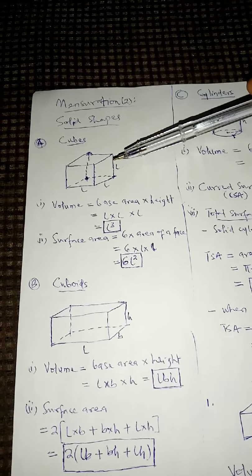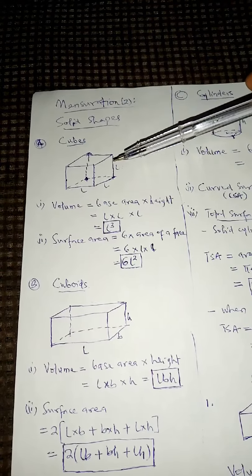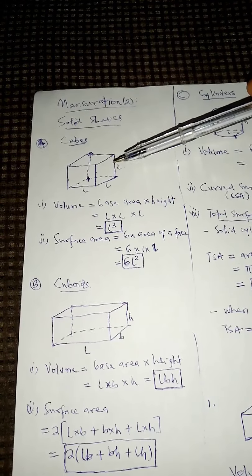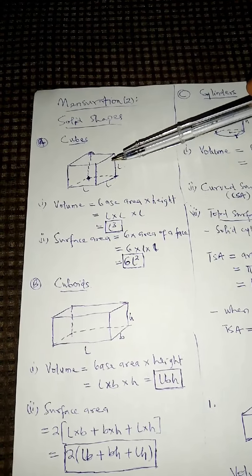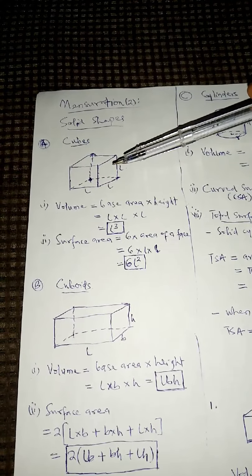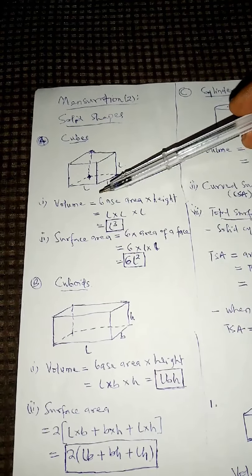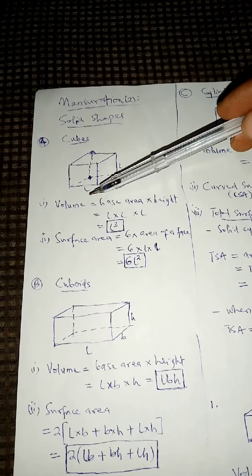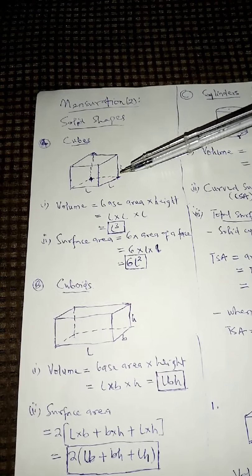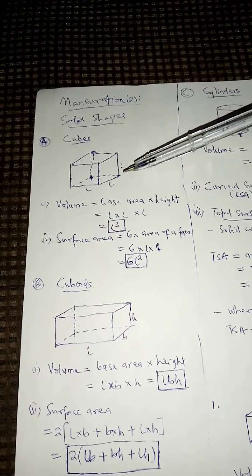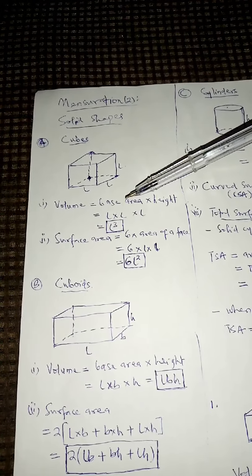Let's start with cubes. A cube is a prism that has 6 square faces. Like in this case, the length, the breadth, the height are L, L, L, as you can see.